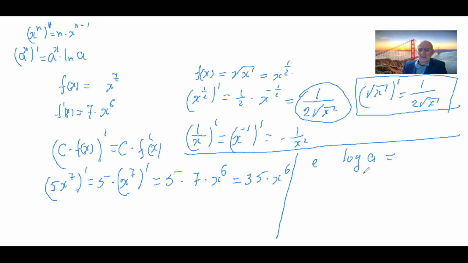What does it mean? Nothing is written in the base, and it means that the base is 10. And the same in the case of ln, sometimes called the natural logarithm. ln a means the logarithm with base e, this magic Euler number.